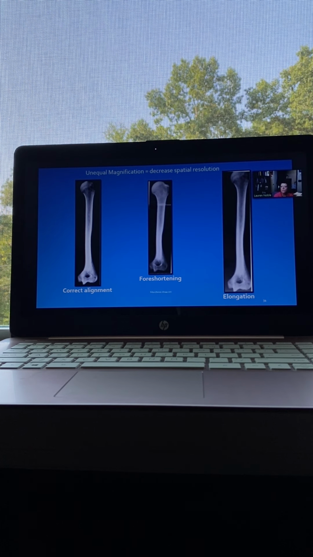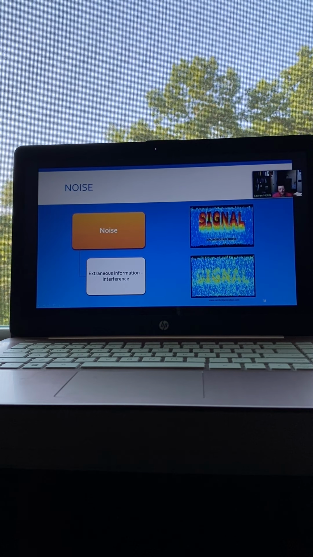But with shape distortion, just simply know a part can look long or a part can look short. Either way, size and shape distortion will end up decreasing that image sharpness. So are you okay with the basics of spatial resolution?